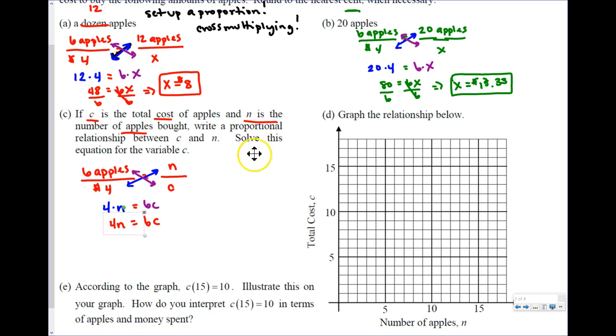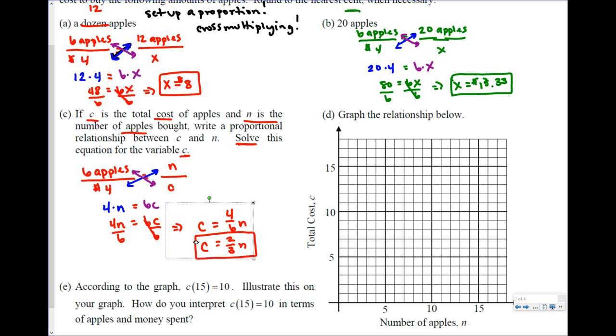What does the problem tell me to do? Solve this equation for C. Remember lesson 2.5, where we had to solve for variables? Well, this wants you to solve for C, so I'm going to get C by itself by dividing both sides by 6. When I do this, I end up getting C equals 4 over 6N, but when I reduce 4 over 6, I end up getting 2 over 3N as my equation.